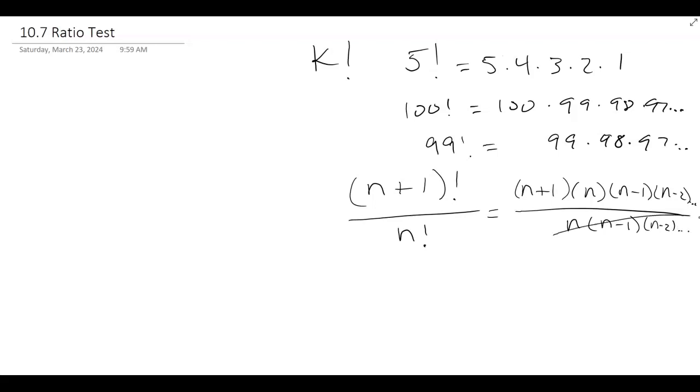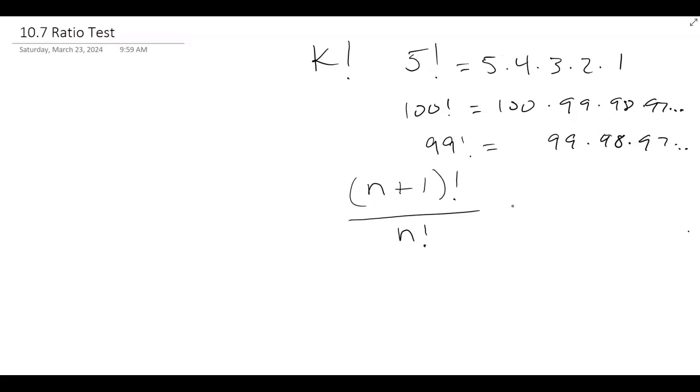So you can see a lot cancels away. I want to make sure you understand, before we start working with any factorial in a series, that n plus 1 factorial over n factorial is simply n plus 1. You might have to do some different types of canceling with factorials, and I just want to make sure you understand what they look like.